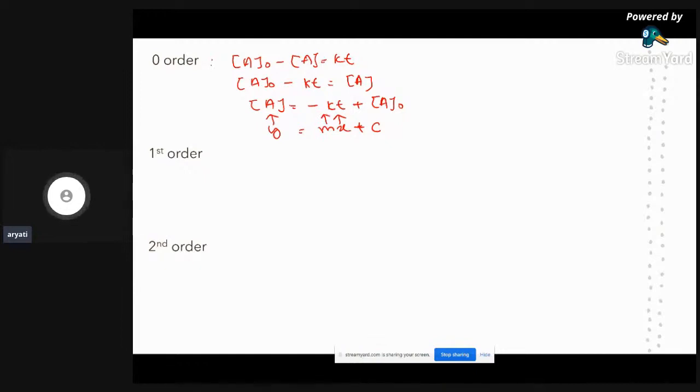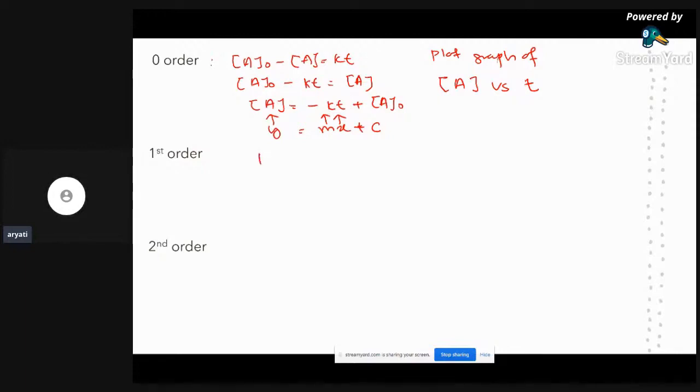So for zero order, we need to plot a graph of concentration of A as a y-axis versus time.